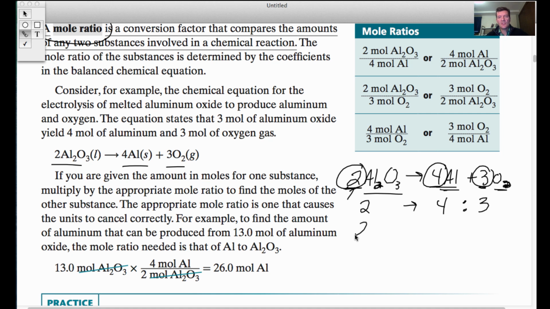We could say 20 of the aluminum oxide, and that means it would produce 40 of the aluminum and 30 of the oxygen. So as long as it is in a 2 to 4 to 3 ratio, these numbers can be multiplied, doubled, multiplied by 10, 100, or whatever, and you would be able to find the other ones as long as you know the ratio.